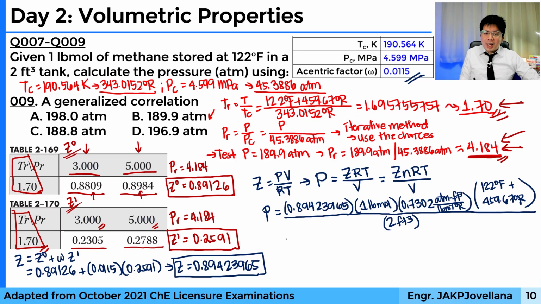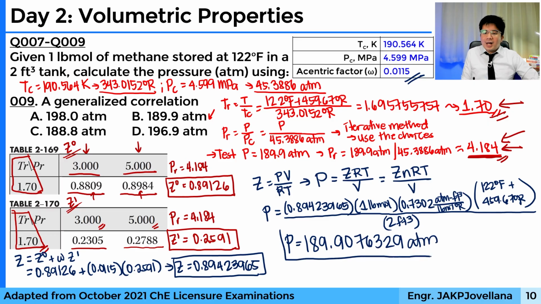Substituting all the values in the calculator, we can solve for the pressure of around 189.9 atmospheres. So this is the value of the pressure, and we can see that the value of the calculated pressure is equal to the assumed pressure based on our reduced pressure.